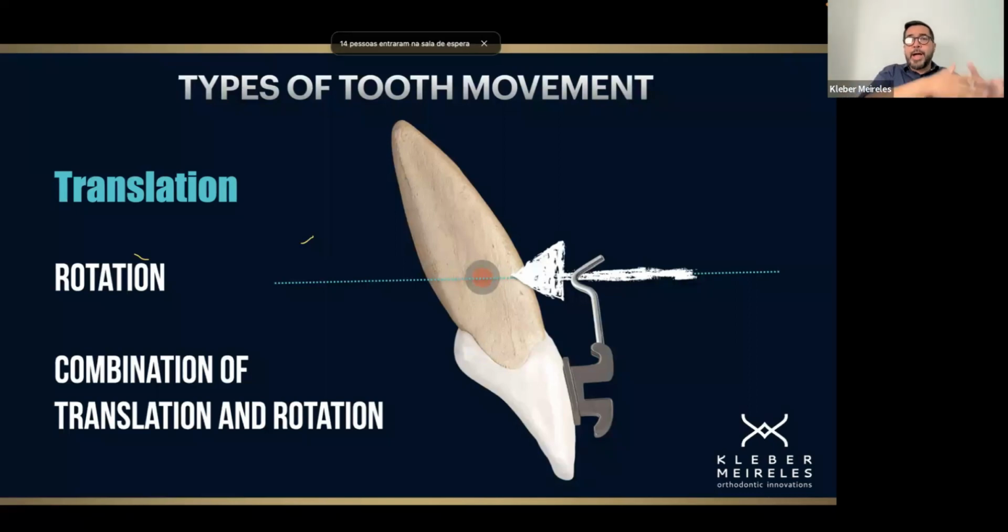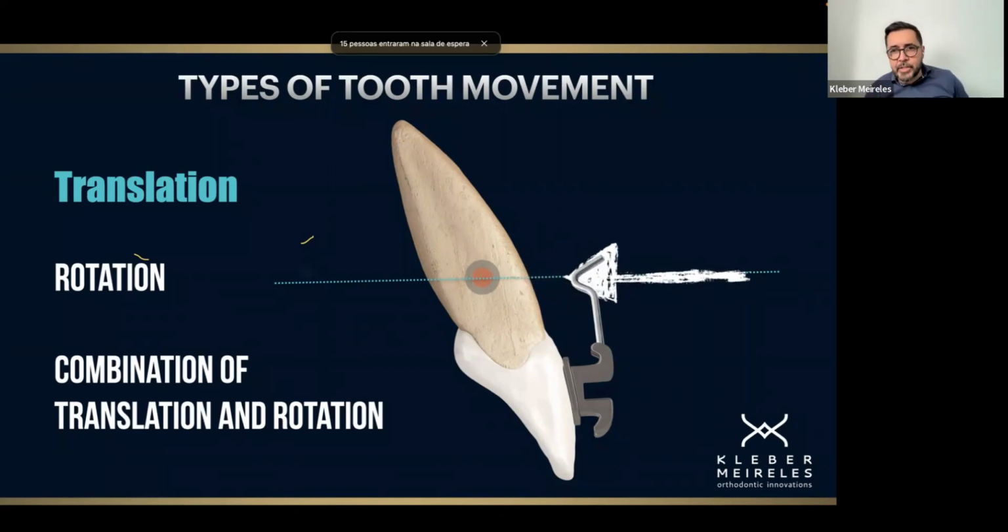Because we are spreading the force, being this translation that we're applying, we're spreading the force through the periodontal ligament, meaning we are decreasing the magnitude of the force per unit of area. You know, this area now is not concentrating. It is spread, and the periodontal ligament is good for many cases that we use in our practice.